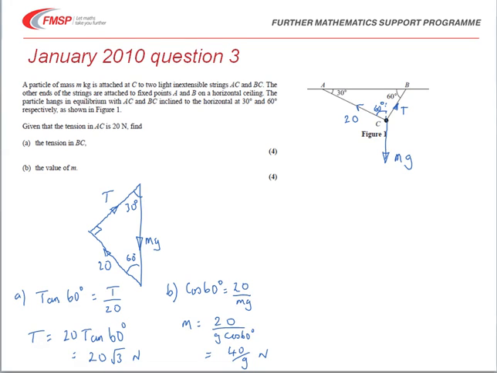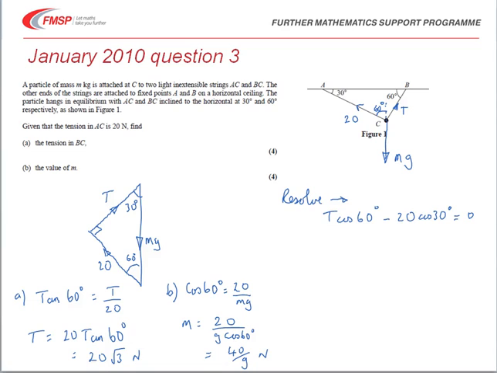Well, an alternative method to that one is to use the original diagram as shown at the right hand side and to resolve the vectors. So first of all, resolving in a horizontal direction, we can see that T cos 60 is acting to the right, and then to the left minus 20 cosine 30 is equal to 0.